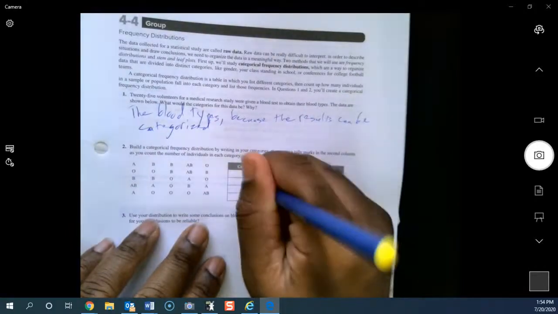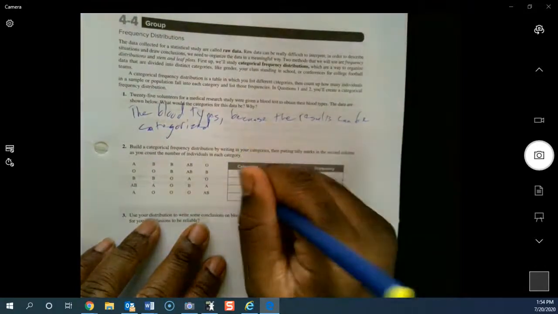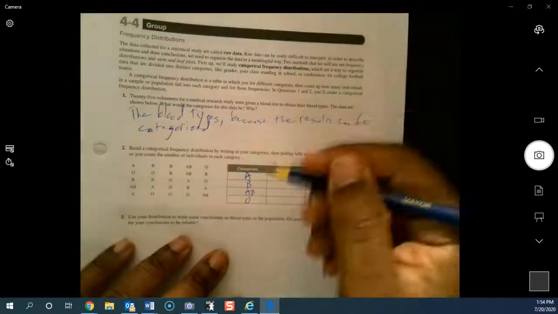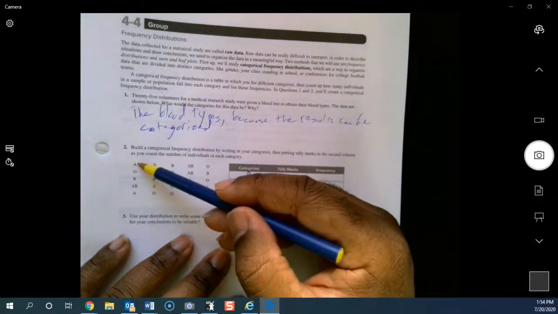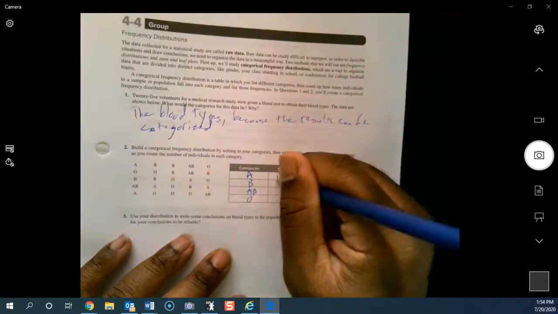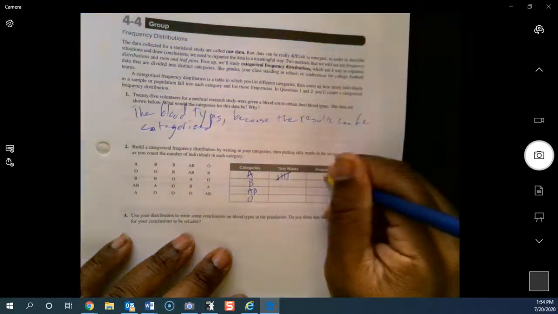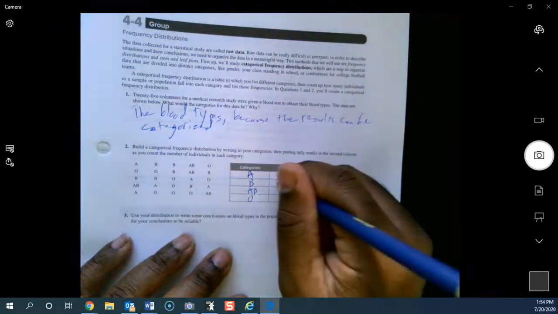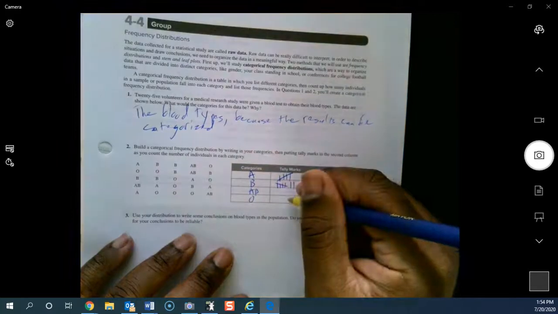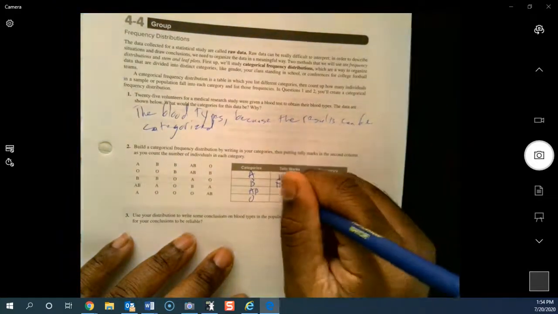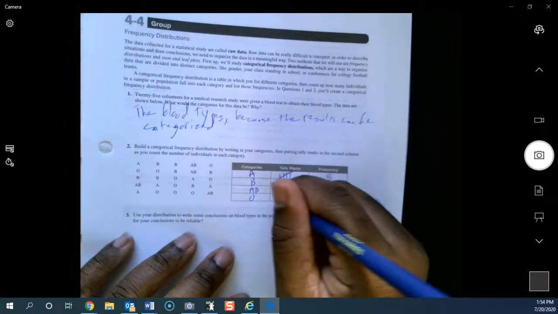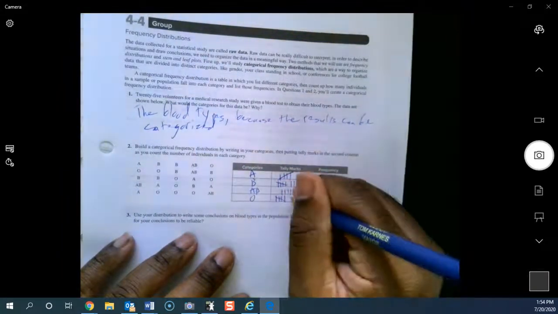We have A, B, AB, and also O. Now, if you look here at A, if we count them up, there are 5 A types here. Then there's 7 B types. Then there are 4 AB types. And finally, there are 9 O types.